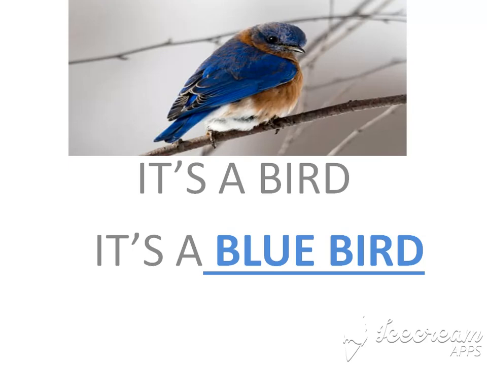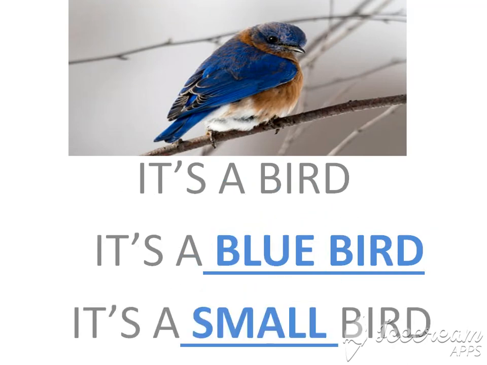As you can see, the adjective blue is placed after the article a and before the noun bird. What about the size? Of course, as you can see, the bird is small. It's a small bird.